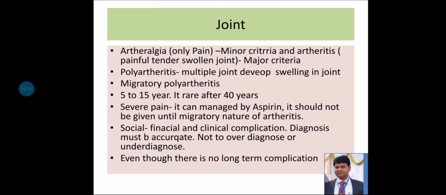Arthralgia is one of the minor criteria of diagnosis, and arthritis is one of the major criteria. The arthritis is migratory in nature, and multiple joints are involved at a time. It is especially seen at 5 to 15 years of age, and it is rare after 40 years of age and before 4 years of age.